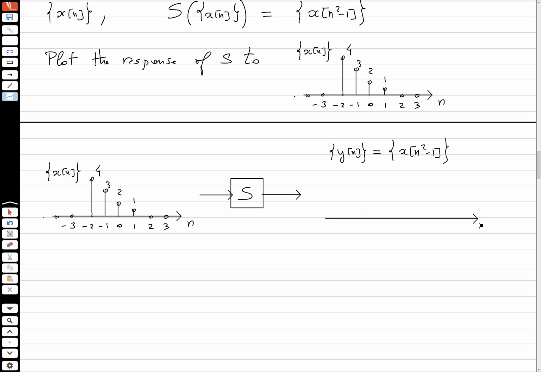To plot this, at 0 you want to plot y of 0. Y of 0 is what? Is x of minus 1. All right? So at 0 you're going to get x of minus 1. Y of 1 is what? X of 0.